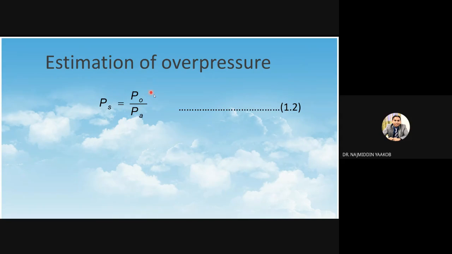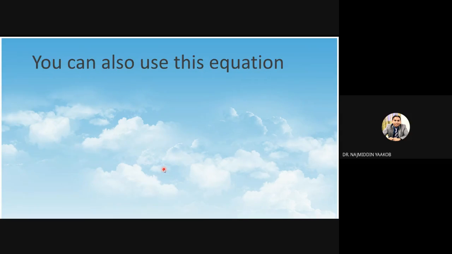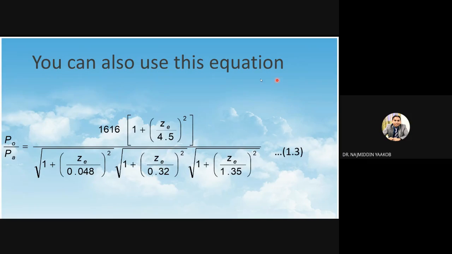This is the one that we want to calculate, P_o, right? Where P_s is the scaled overpressure determined from the graph, P_o is the peak side-on overpressure, the one that we want to determine, and P_a is the ambient pressure. You can also use this equation by having the Z_E, just include the value of Z_E here, then you can get P_o over P_a. If you don't have the graph, then you can use this equation.